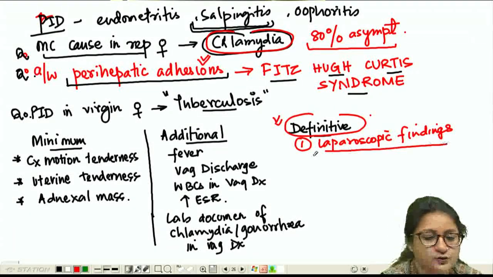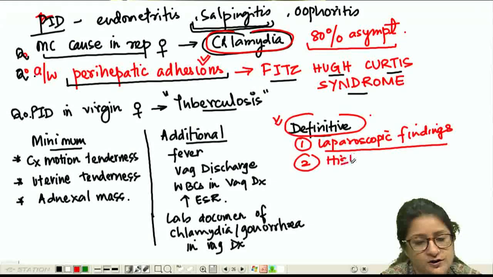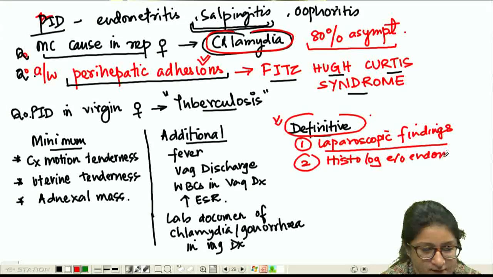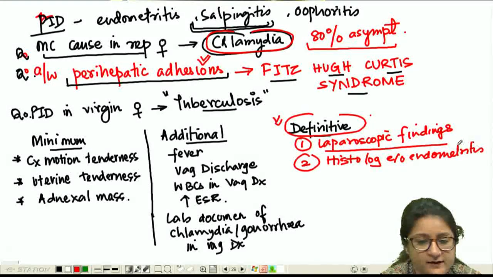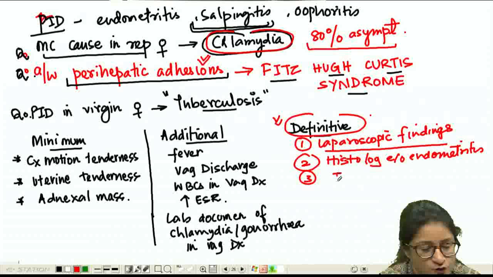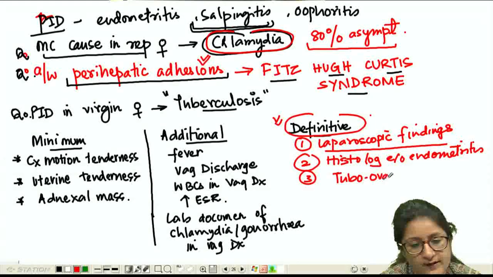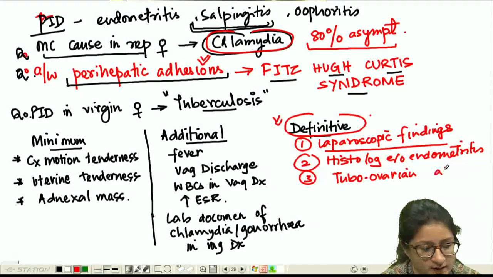So those are the laparoscopic findings we're talking about. And second is histological evidence of endometritis, right, that is also a definitive finding. And another definitive criteria is tubo-ovarian abscess on USG, tubo-ovarian abscess on USG.